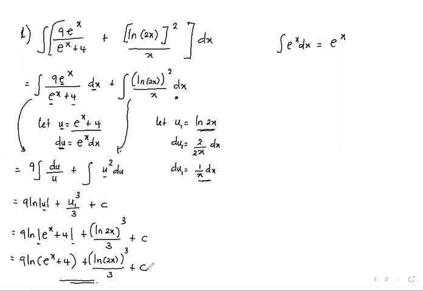For every value of x that you put as the power of e, it won't change the fact that e to the power x plus 4 is positive. What about the second ln?